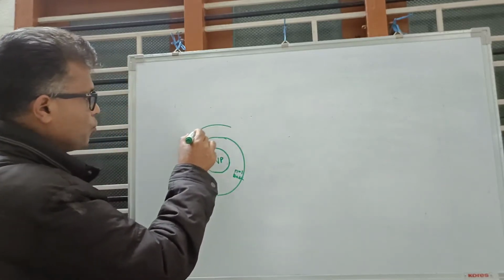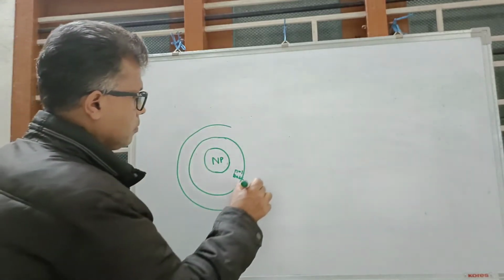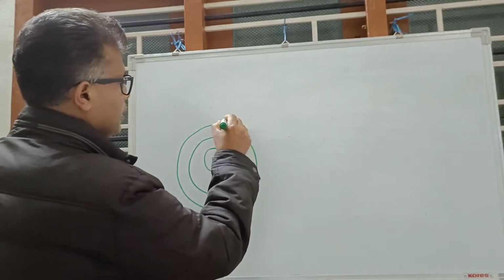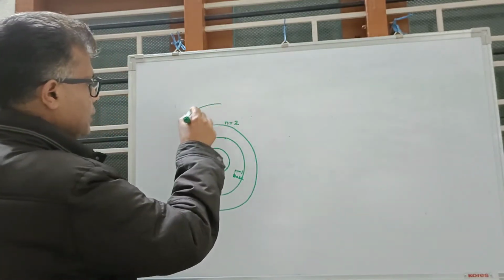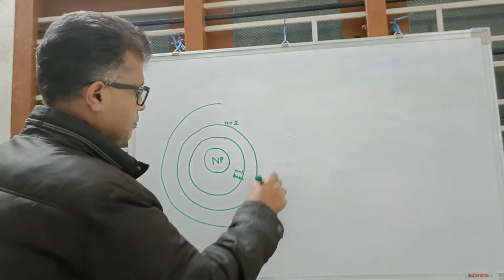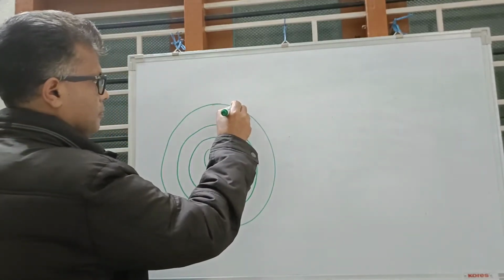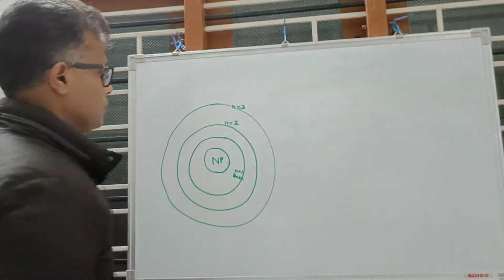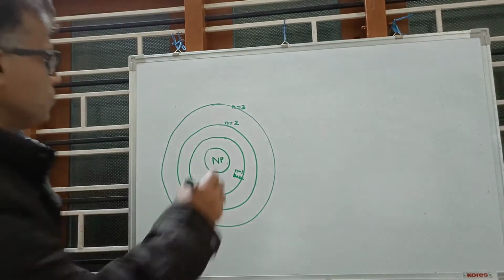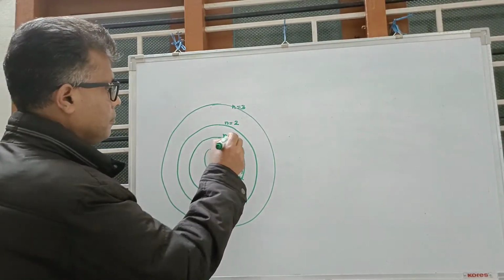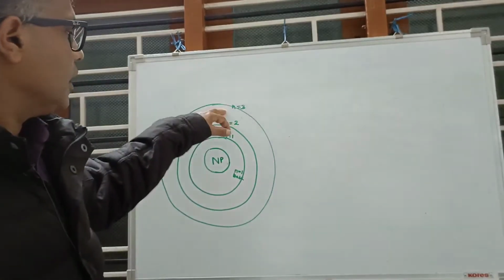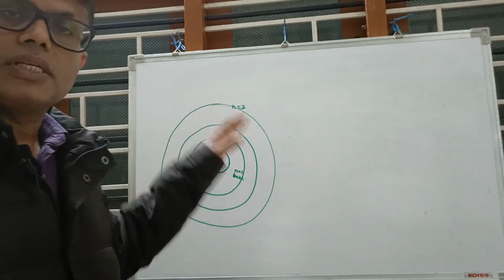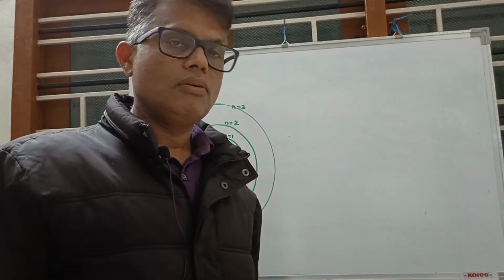This is n is equal to 2. This is n is equal to 3. Clear, no? The first orbit, second orbit, third orbit. This is the nucleus, and I am writing only 3 orbits.